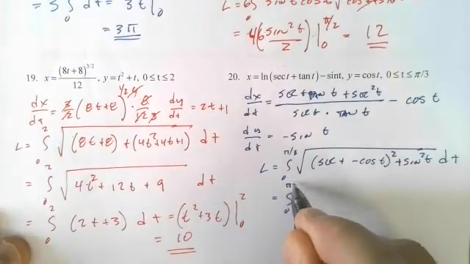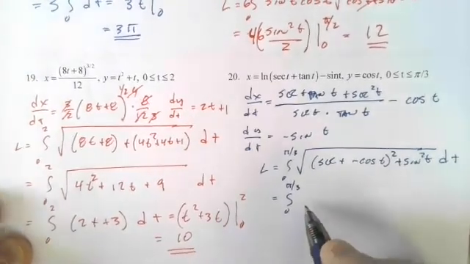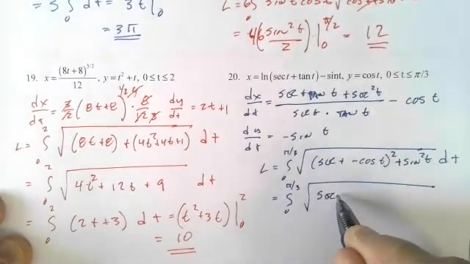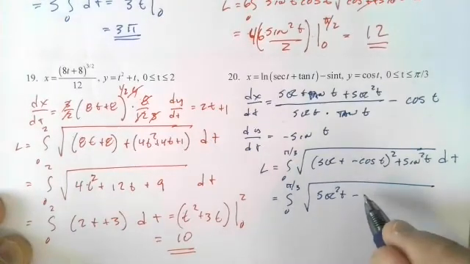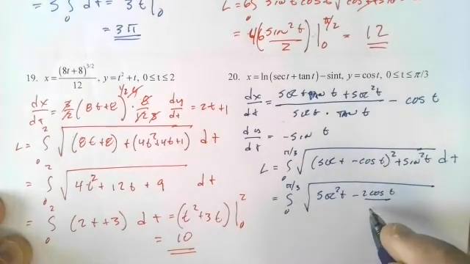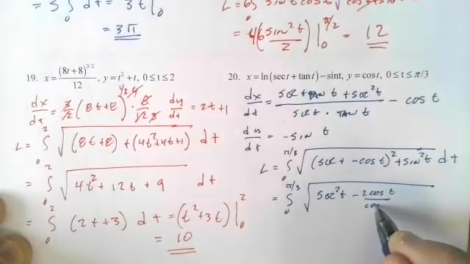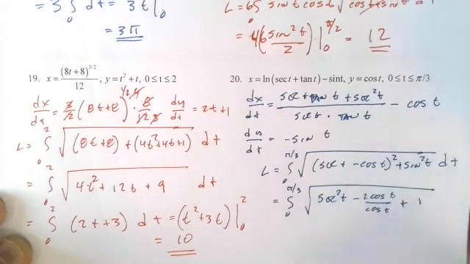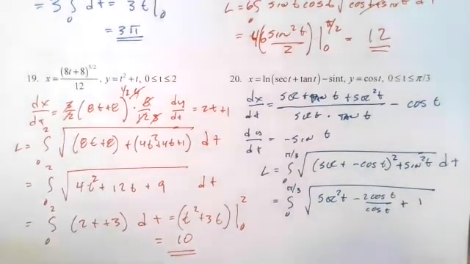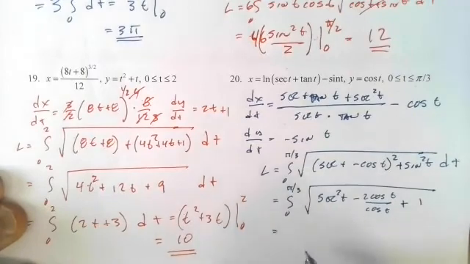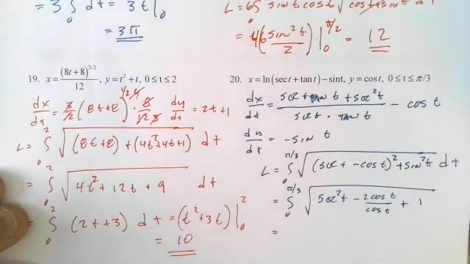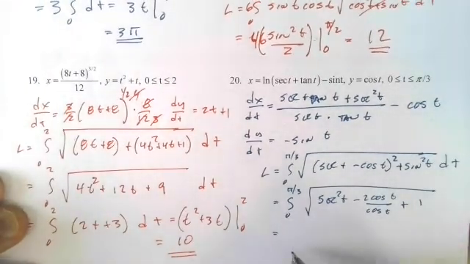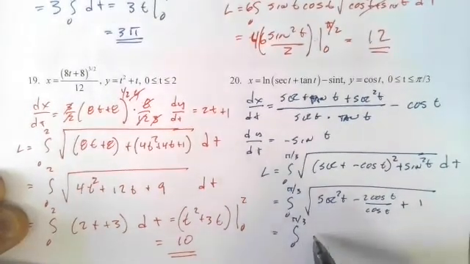Equals the integral from 0 to pi over 3 of the square root. Distribute this one out. Secant squared t minus 2 cosine of t over cosine of t, plus that's cosine squared, sine squared, 1. Which you get secant squared minus 1, which is tangent squared, which the square root is tangent of t.